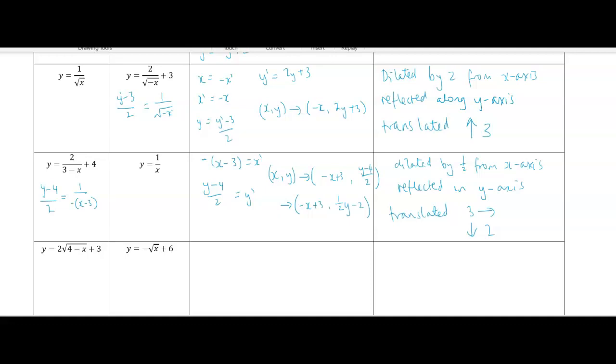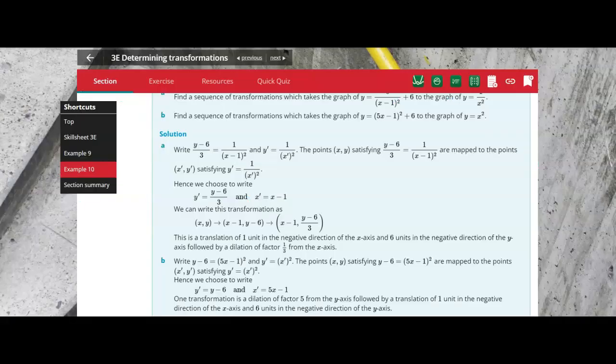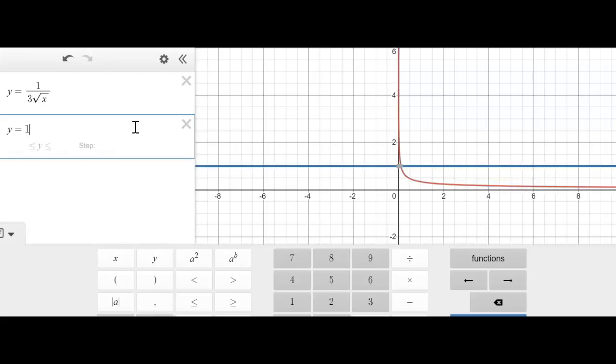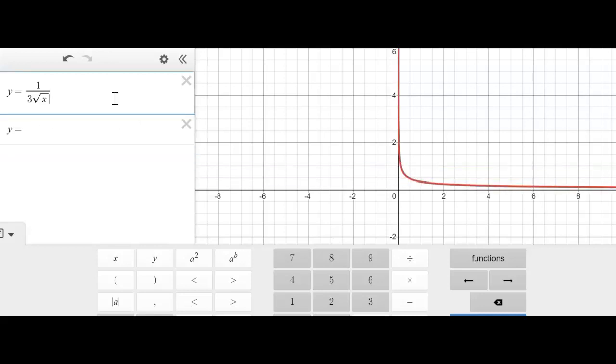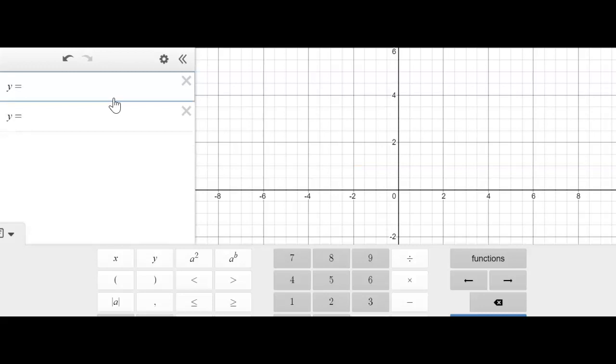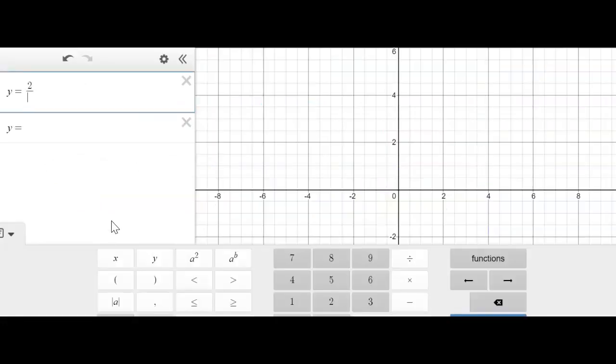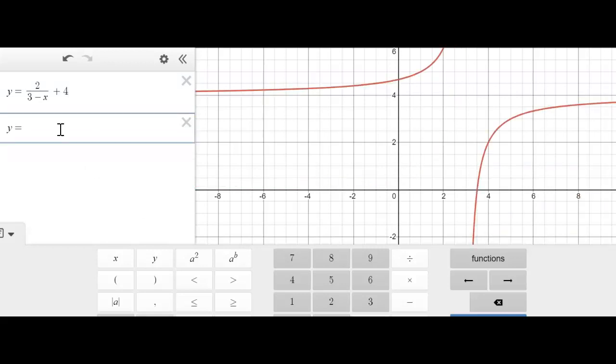So 2 over 3 minus x. Okay, let's delete you. 2, oh gosh, I can't remember. 3 minus x plus 4. Okay, and the graph we want it to become is 1 over x.